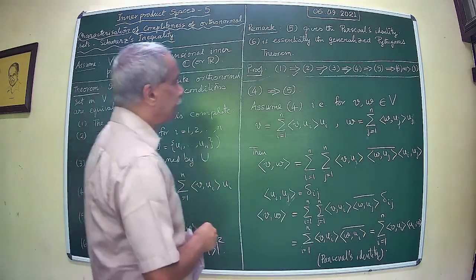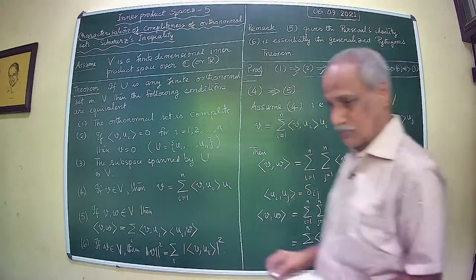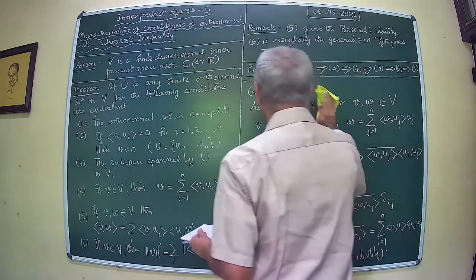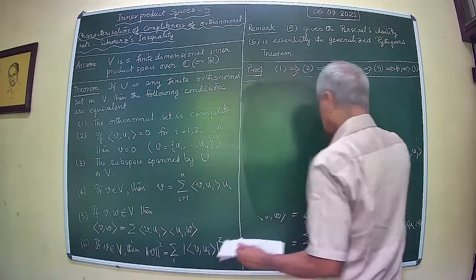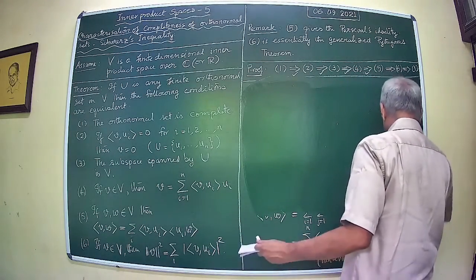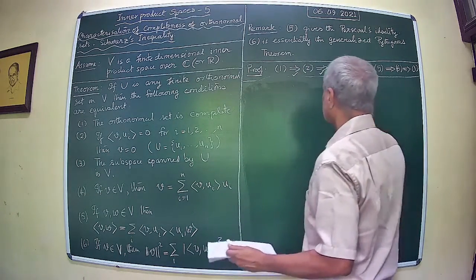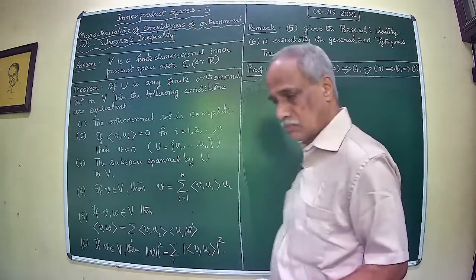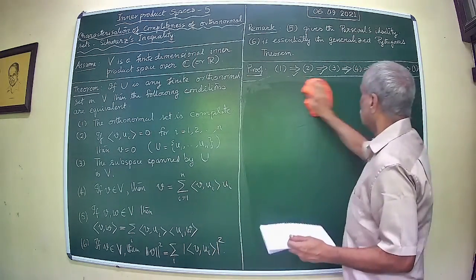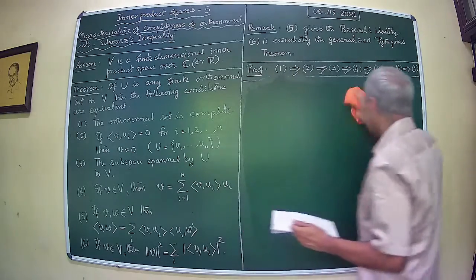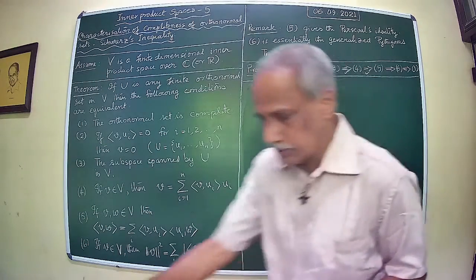Now we prove 5 implies 6. That's quite simple. Just one line. Now you assume 5.